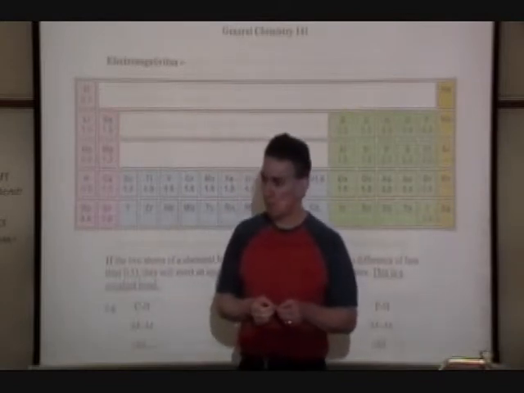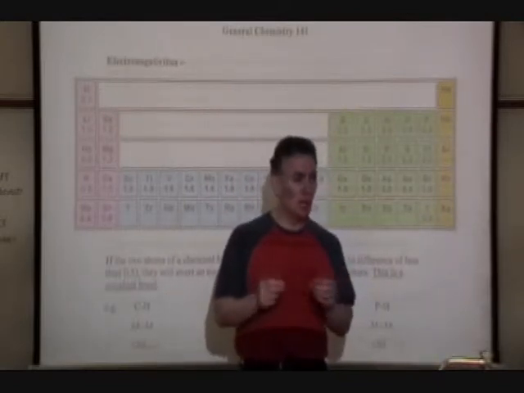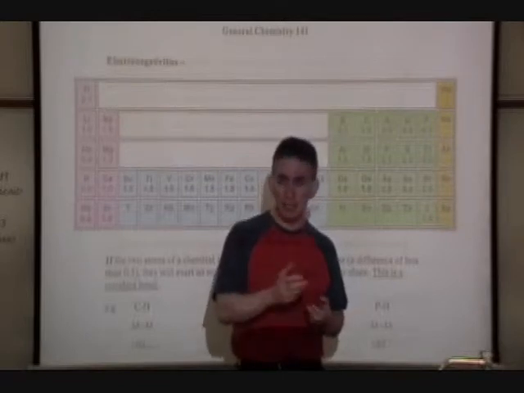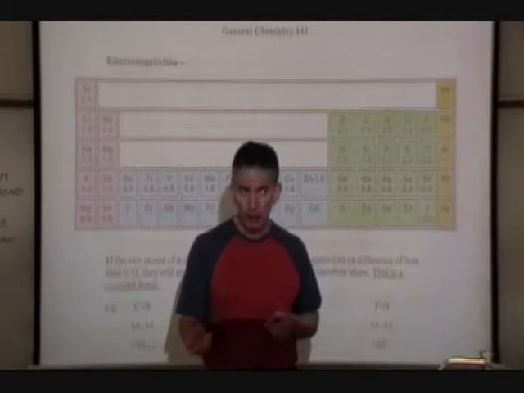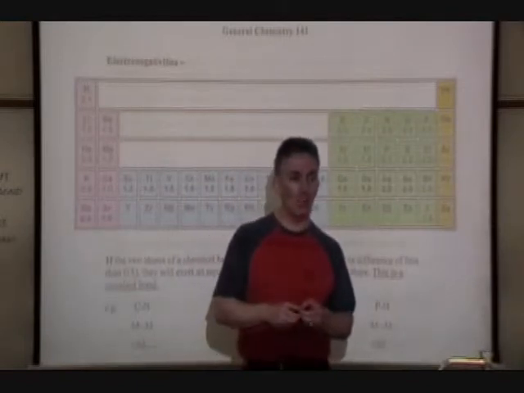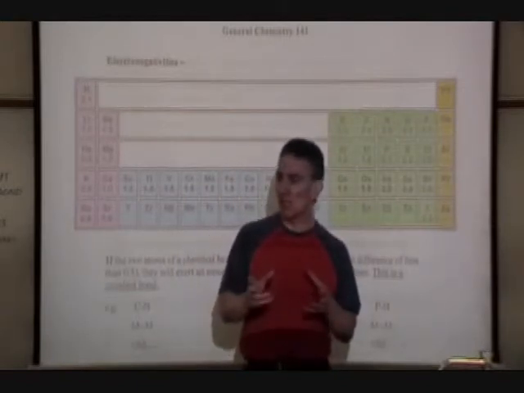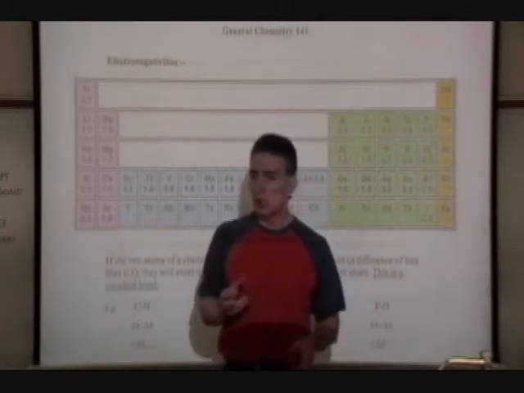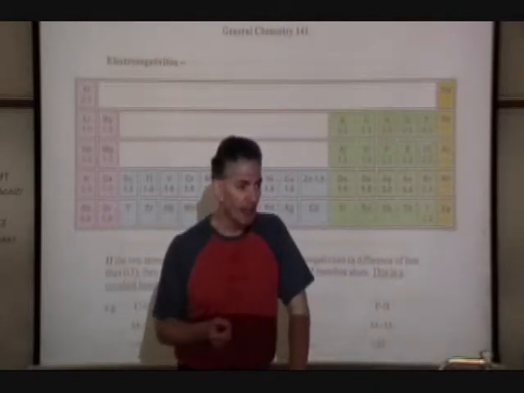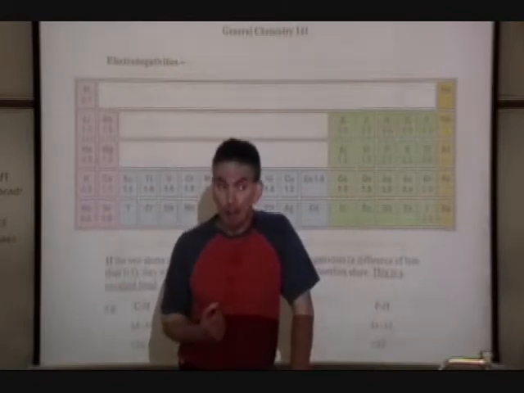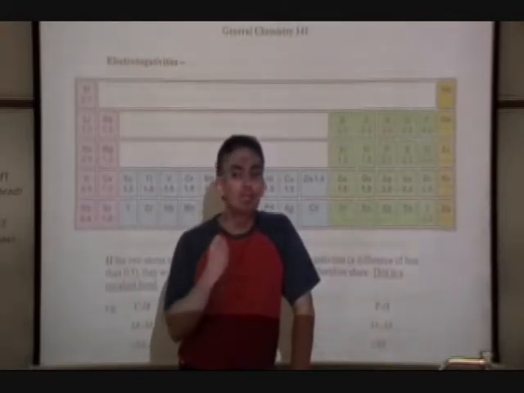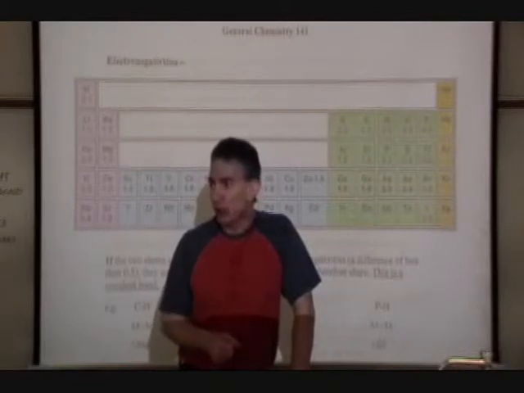Opposites attract. But then we have this middle ground, when the difference in electronegativity is greater than 0.5, but isn't as great as 1.9. So between 0.5 and 1.9, one of the two atoms has the advantage. One of the two atoms is pulling the electrons away, but isn't able to completely steal the electrons away from the metal atom.